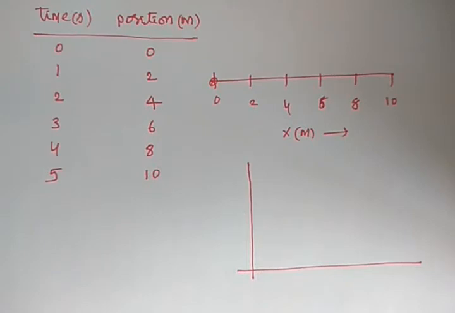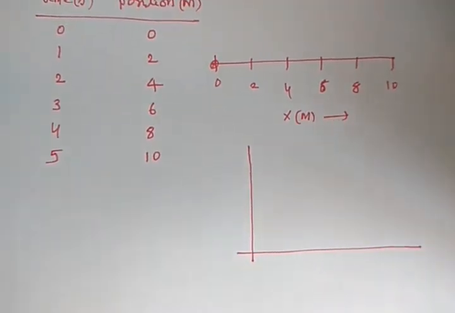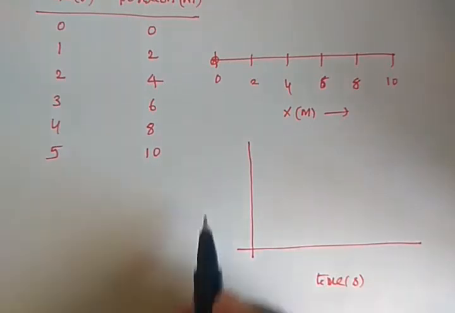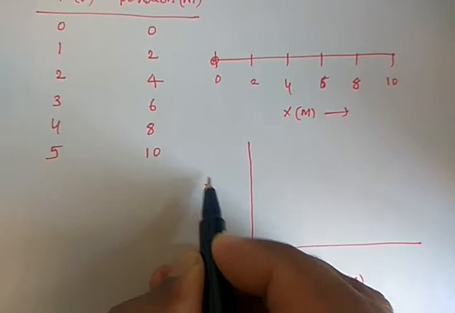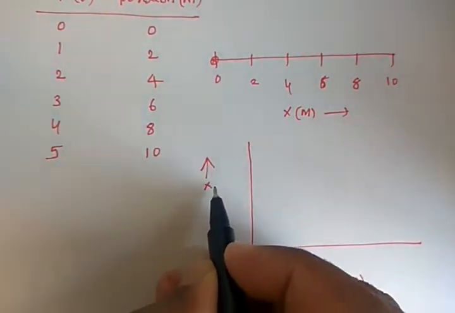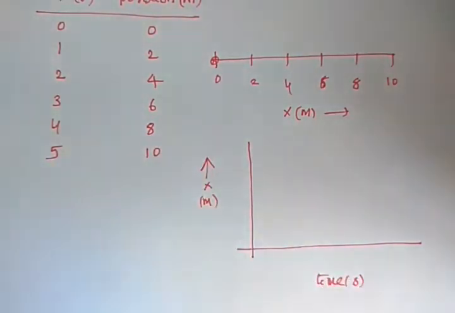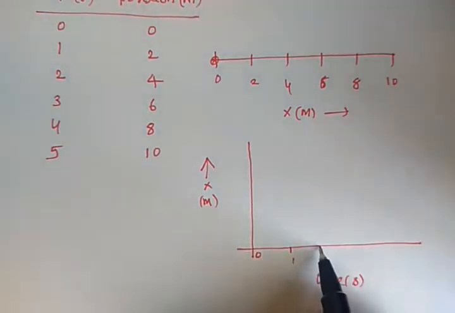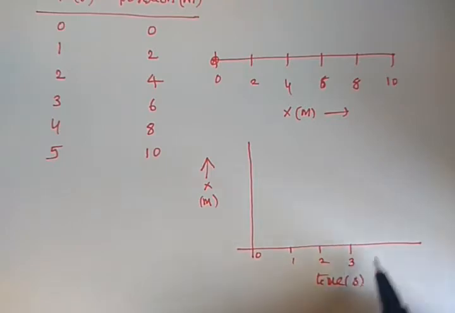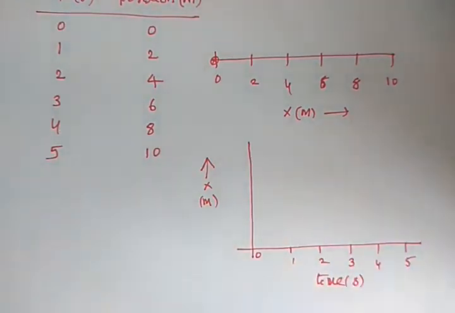This is time in seconds, and this is location or position, let us say x in meters. So this is 0, 1, 2, 3, 4, 5. I have data up to 5 seconds only.